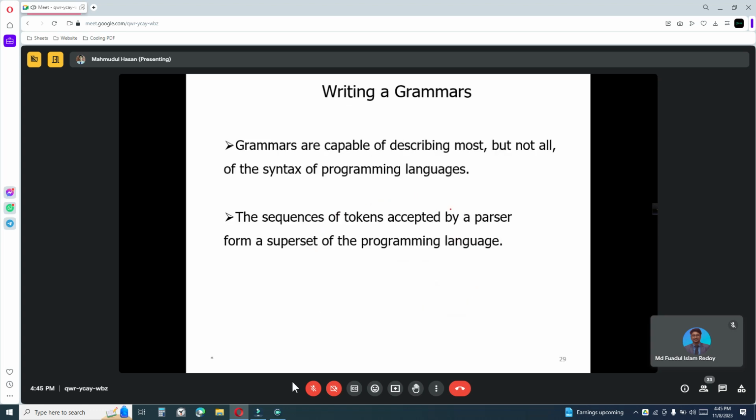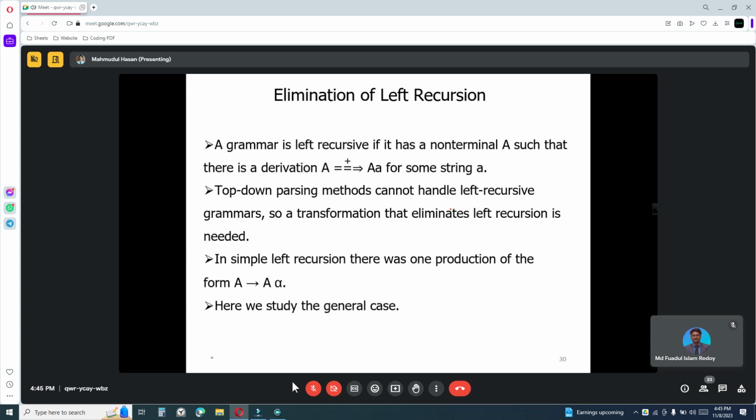So when your grammar has a left recursion problem, at that time you need to solve the problem of left recursion. That means you need to eliminate that left recursion.